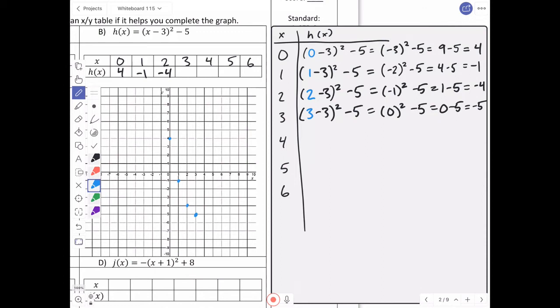Plug in 3, get negative 5. And 4 minus 3 squared minus 5 is 1 squared minus 5, or 1 minus 5, or negative 4. So (3, -5) and (4, -4).